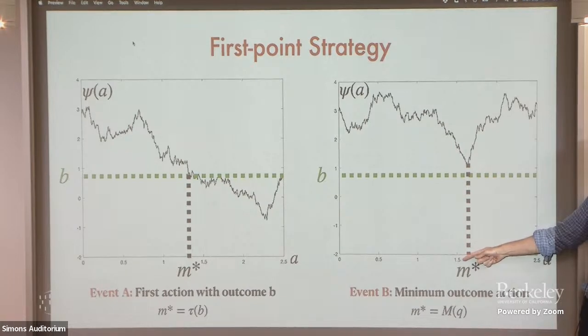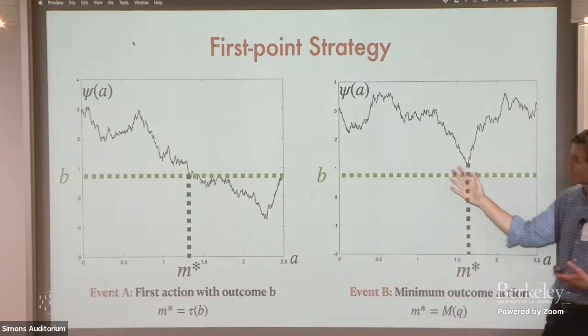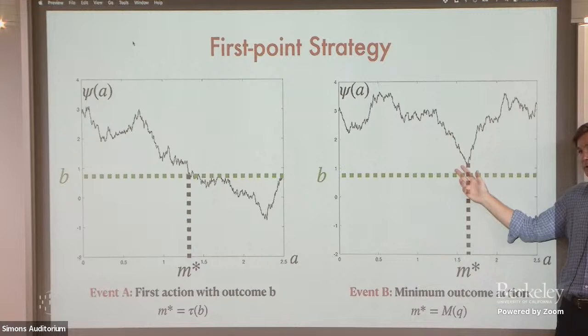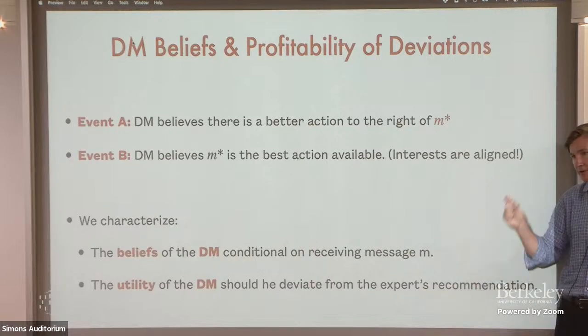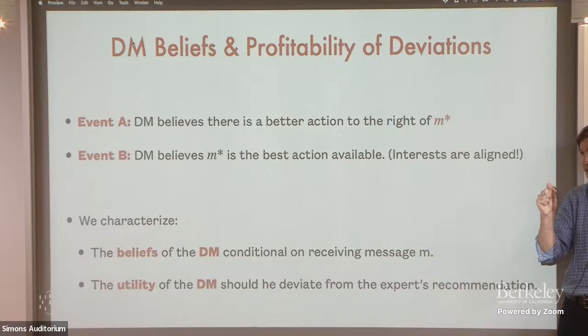And basically what we have to do is a lot of work to prove that in some circumstances, this event is going to dominate the first event. And so it's going to be optimal for the receiver, for the decision maker, to follow the recommendation. I'm not going to get into any of the formula, but we have to do 2 things. We have to characterize the beliefs of the decision maker given these 2 events.